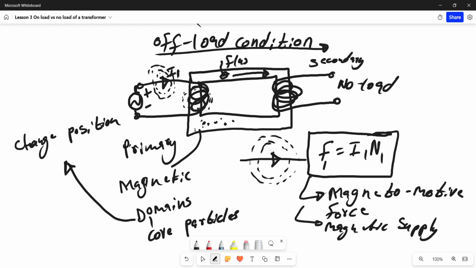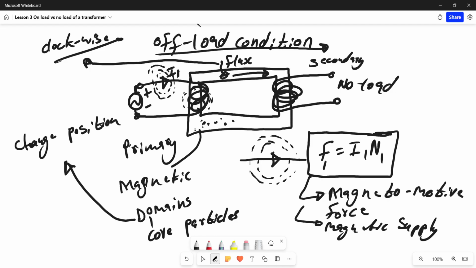We usually assume the flux to always flow clockwise.